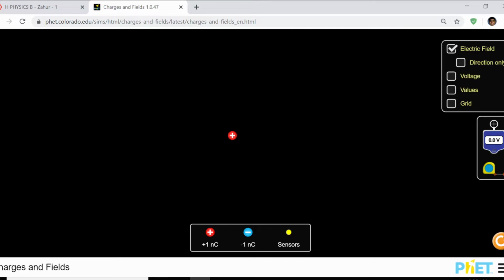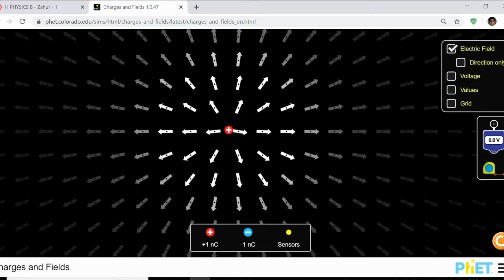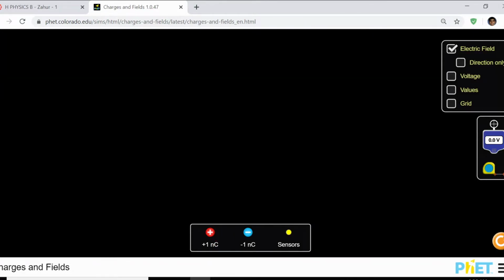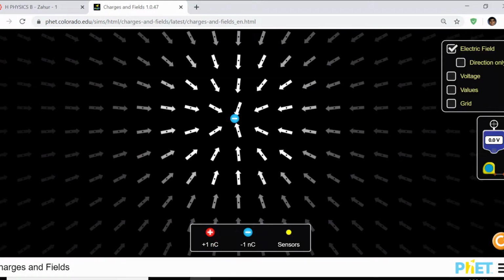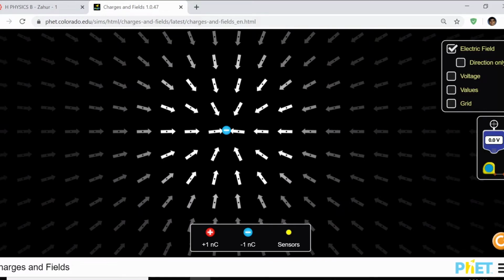Alright, so as soon as I put a positive charge, kablamo, and it shows you all the arrows around. I'm going to place it right in the middle here. If I used a negative charge instead, all the arrows point inwards.